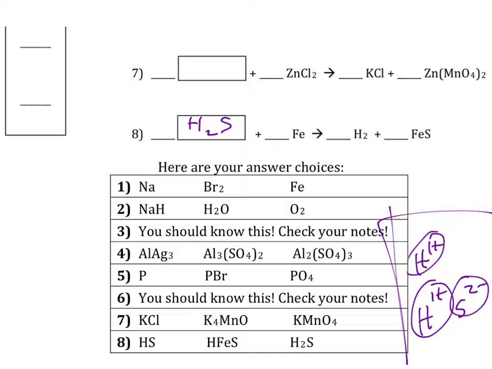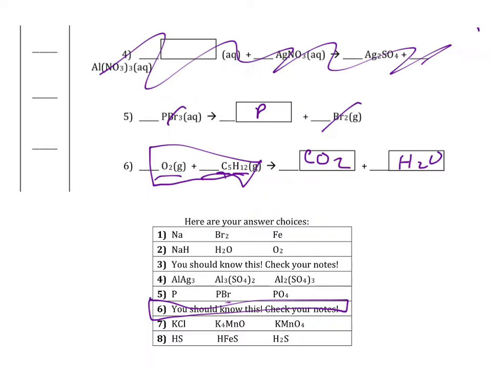Something to keep in mind too is that after you predict the products, you do need to go back and balance it. This happens to be balanced, so that's good. If you are to look here to balance this, you're going to have 5 carbons on the left, so you put a 5 on the right.